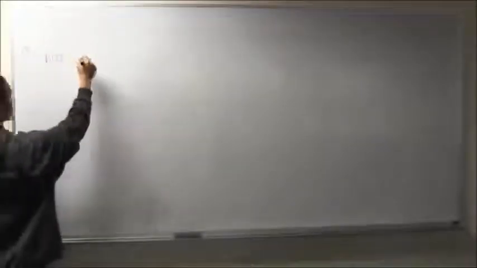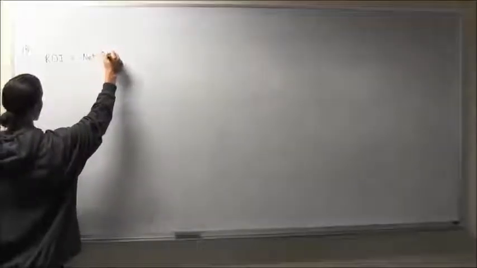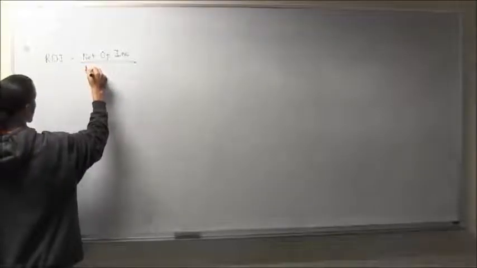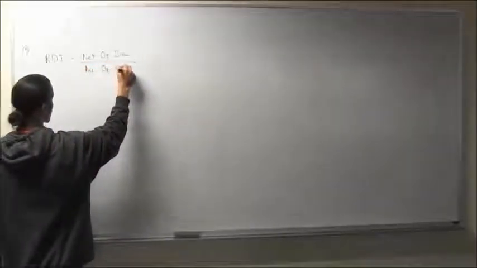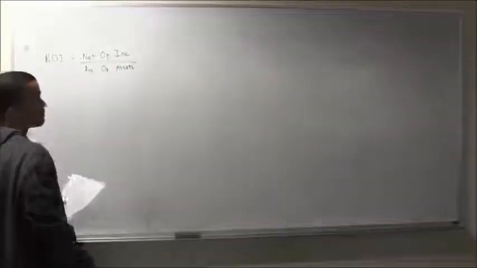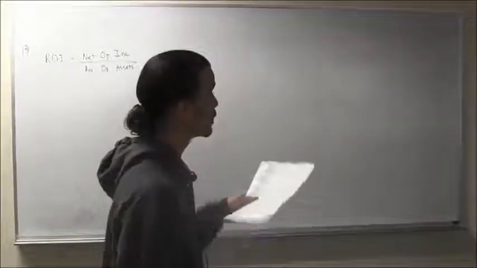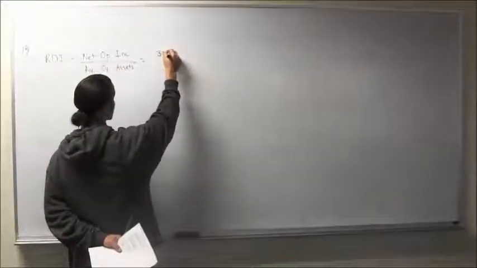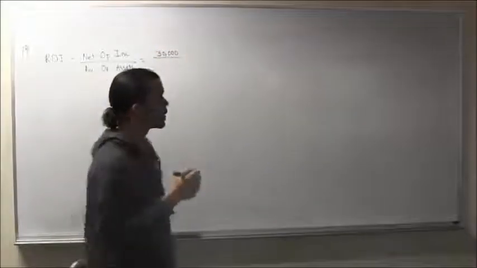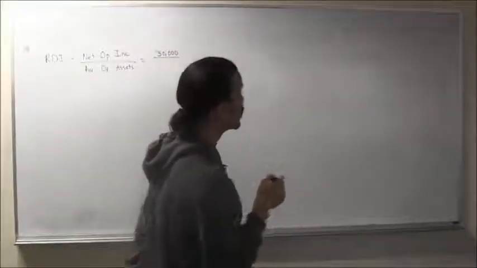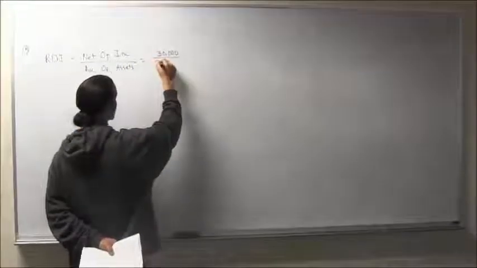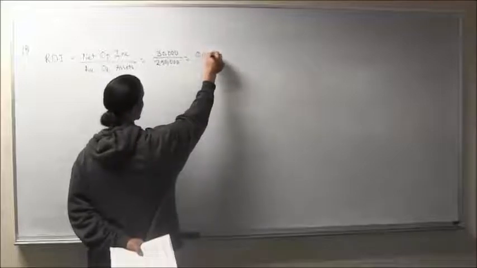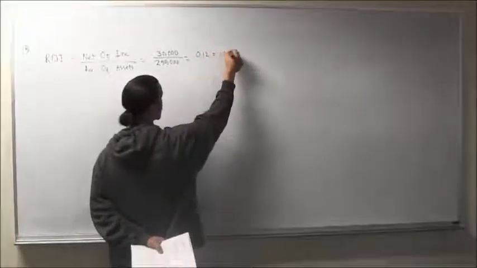It gives you numbers right here, just straightforward. 30,000 divided by 250,000. This comes out to be 0.12, which turns out to be 12%.